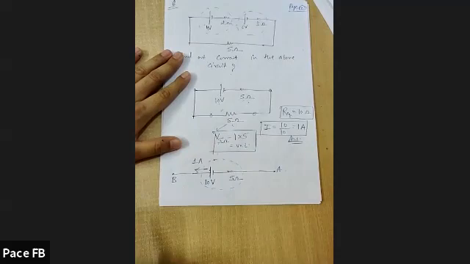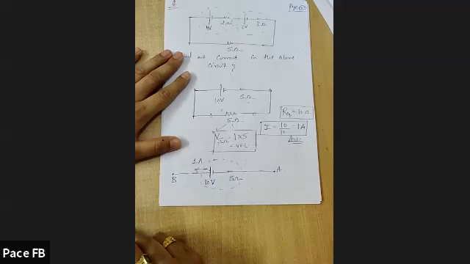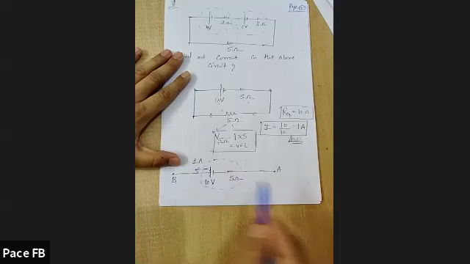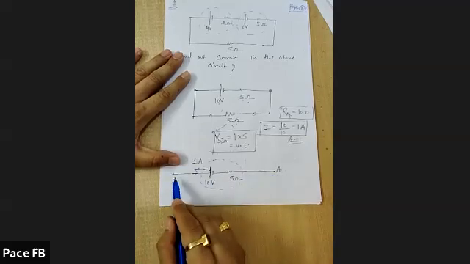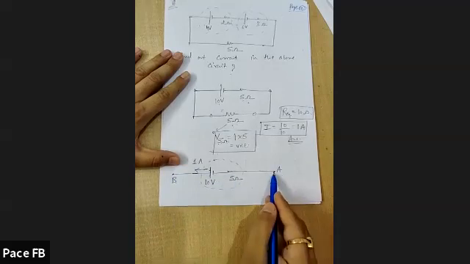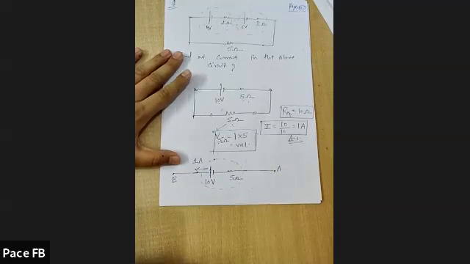This equivalent cell has terminals B and A as shown in the figure, and for obvious reasons, the potential of point B would be greater than the potential of point A, because B is in direct touch with the positive terminal, whereas A is connected with the negative terminal side.